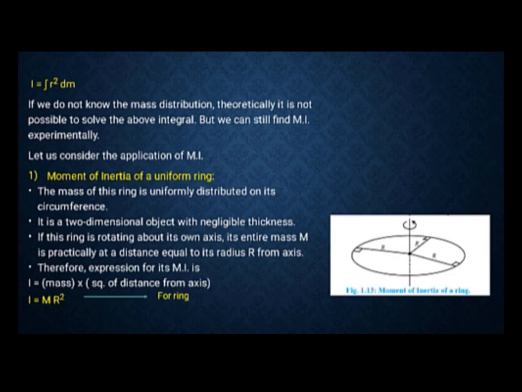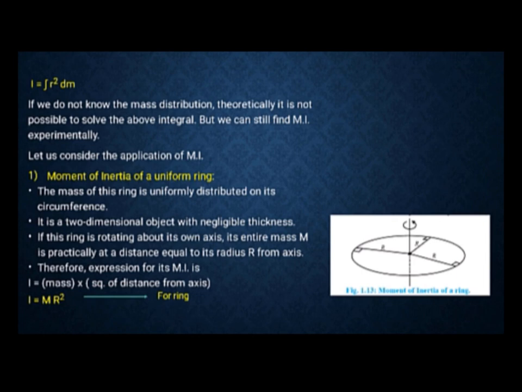Here is the ring, and the mass of the object is rotating around this axis in a circular motion along the circumference of this ring.